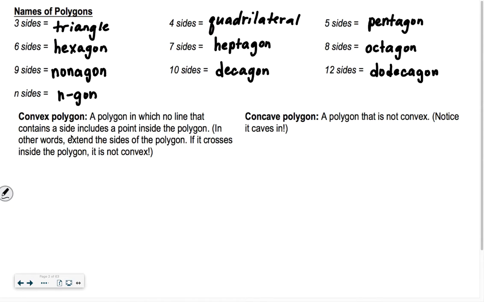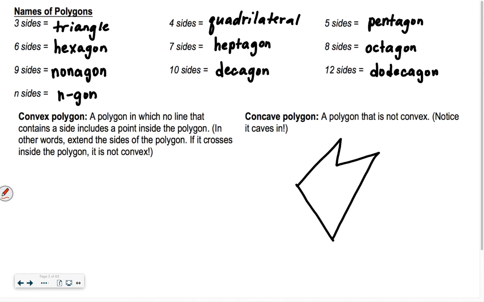All right, so convex polygon. A convex polygon is a polygon in which no line that contains a side includes a point inside the polygon. This is a very confusing definition. I'm going to show you a concave one. Do we agree that that's probably concave? Yes. Okay, so no line that contains a side.